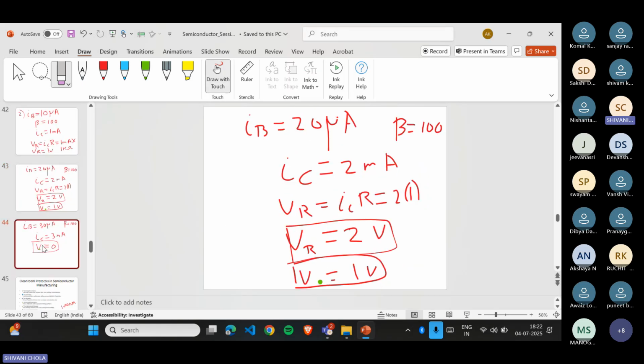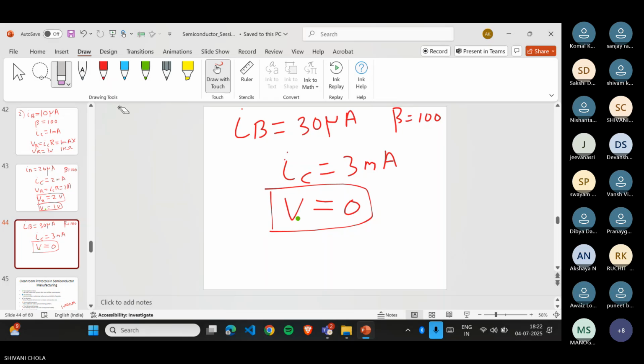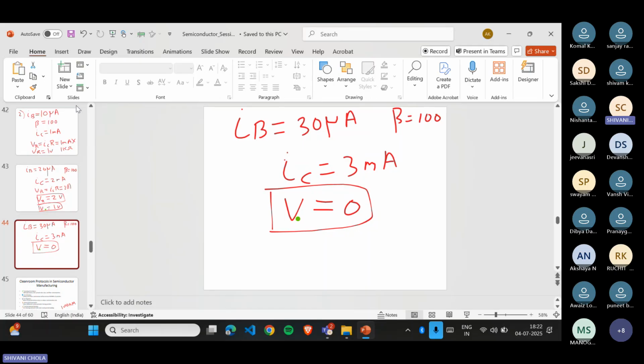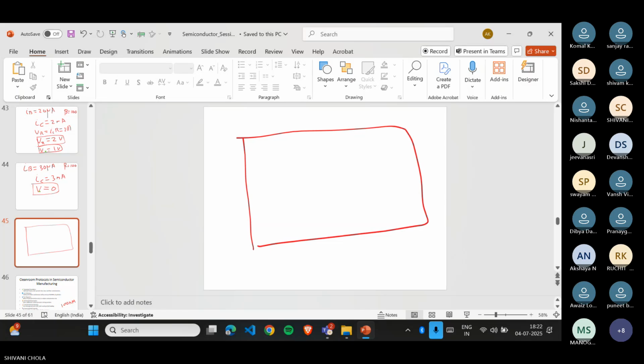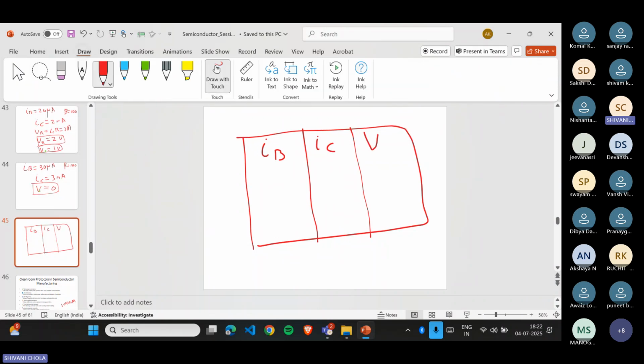So guys, now this is a very important point I want to discuss with you. Let's draw a quick table, and this is a very important table. This is IB, this is IC, and this is the potential at the green point. Cases 1, 2, 3.